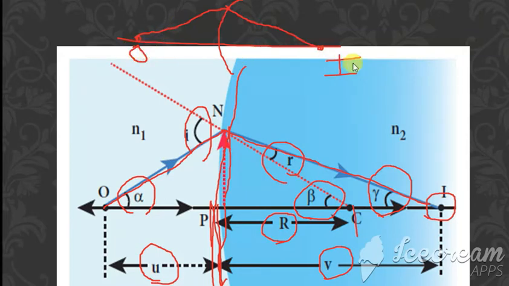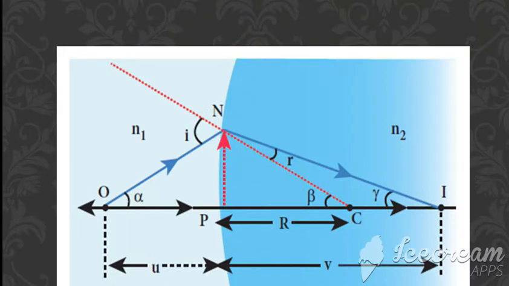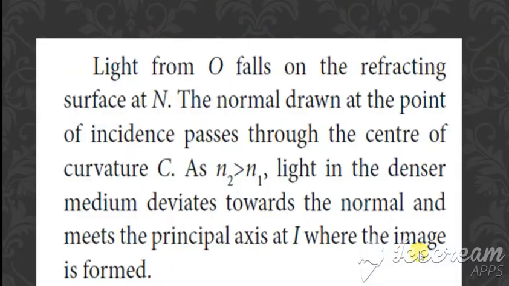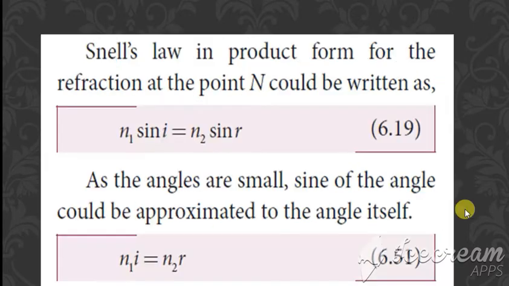Same way, just extend this normal so that it meets at the point C. So the light from O falls on the refracting surface at N. Generally the condition is n2 is greater than n1, so it deviates towards the normal and it meets the principal axis.